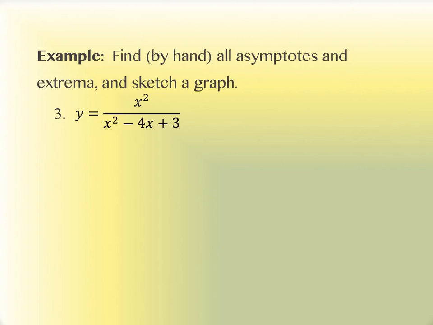So let's actually start with the horizontal asymptote since that's sort of where we're stuck at this point thinking about. Do you remember the case that this is? I've got the degree on the top and the degree on the bottom the same, so what do I use? The coefficients, right? What is the coefficient of the highest degree on top? It's a 1. What's the coefficient of the highest degree on bottom? It's also a 1.